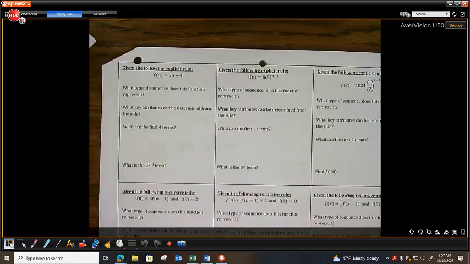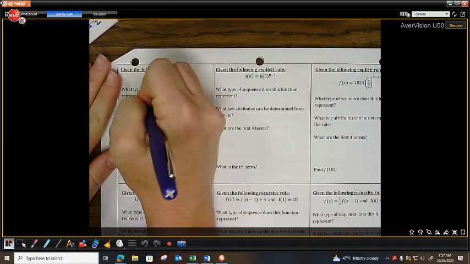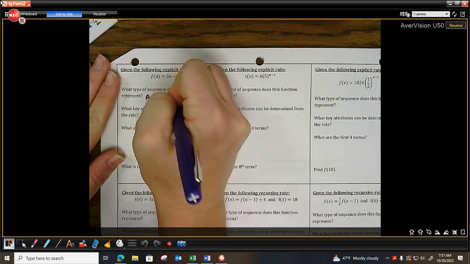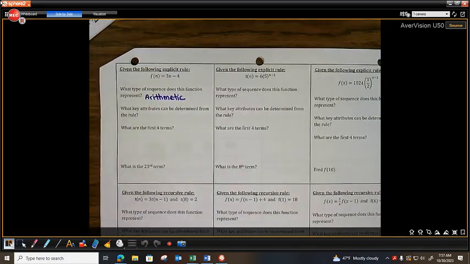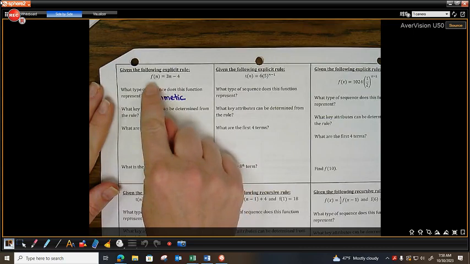Yes, so that makes this arithmetic. And if you see a plus or a minus sign, it's always arithmetic. Okay? Also, what does this look like, guys? That we just finished doing.